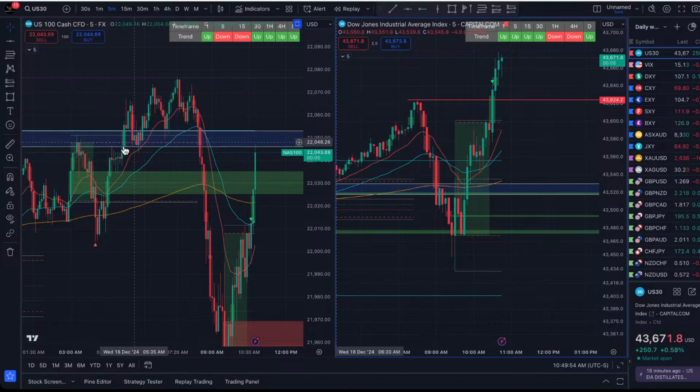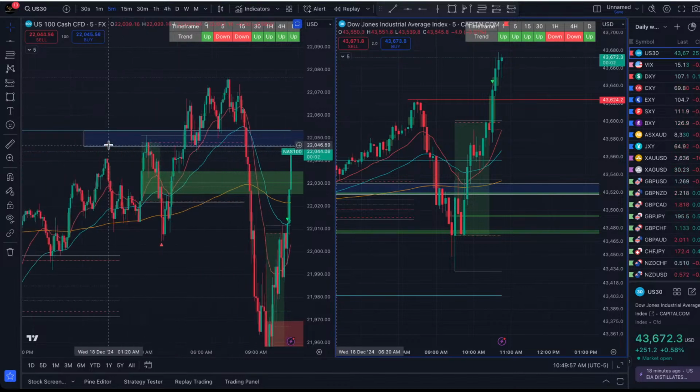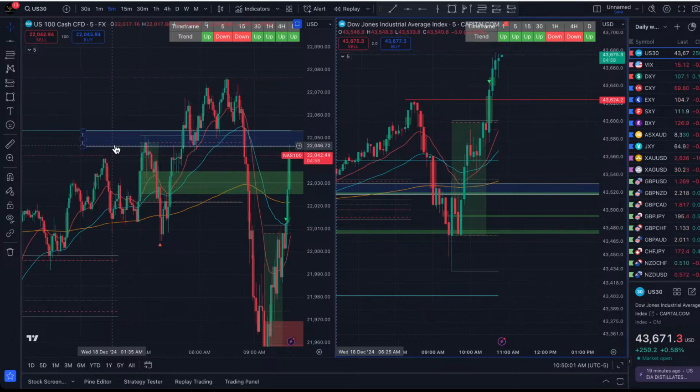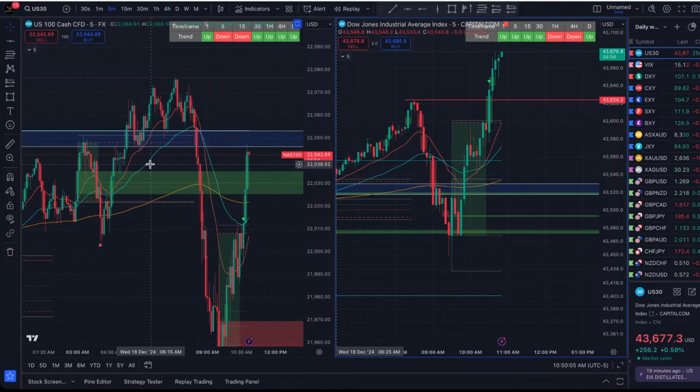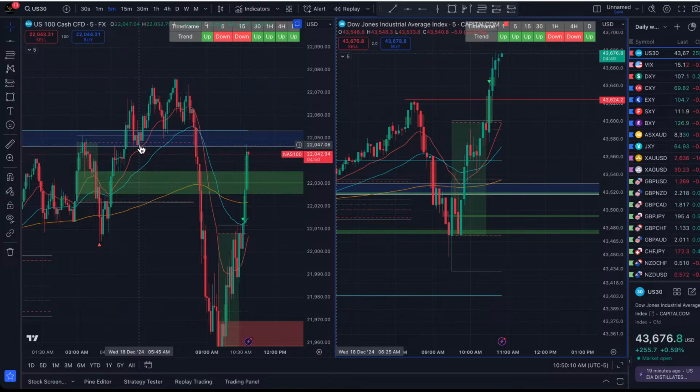There was no resistance and support level here. Not before it was painted. This was painted and then it became a support and resistance level after it was painted.